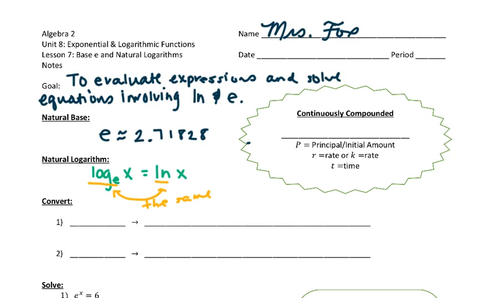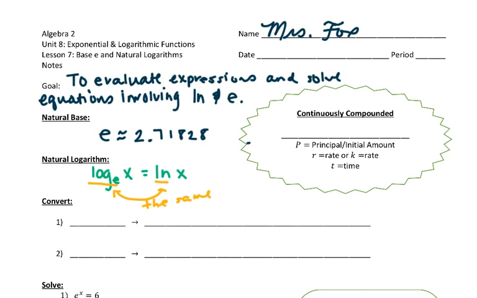All right, let's talk about why we need these things. We need these for continuously compounded interest. We talked about interest before, compounded monthly or semi-annually or quarterly. But there are things in life where it doesn't say, oh, bacteria grows, it's going to sit there until the end of the month, and then bam, it's going to add some bacteria.